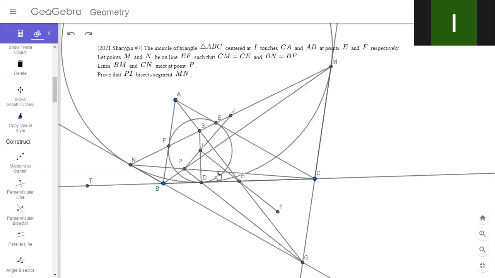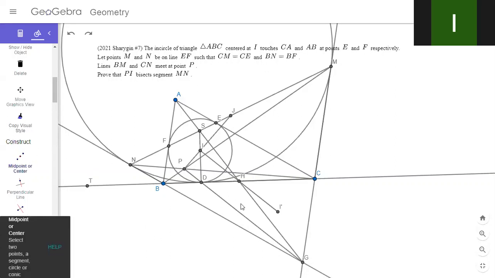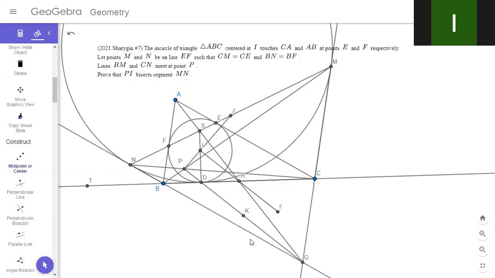R is the midpoint of GP. Then R, H, and J are collinear.